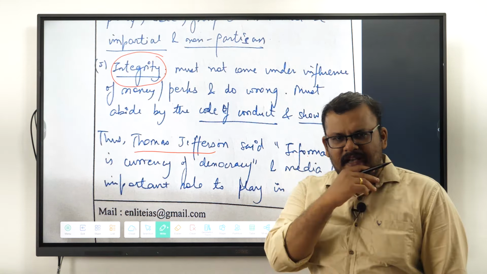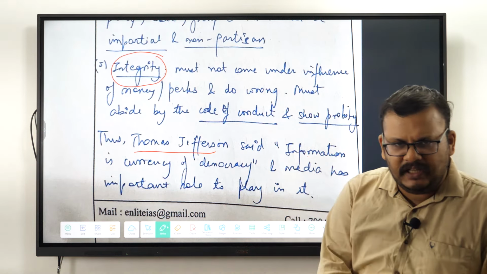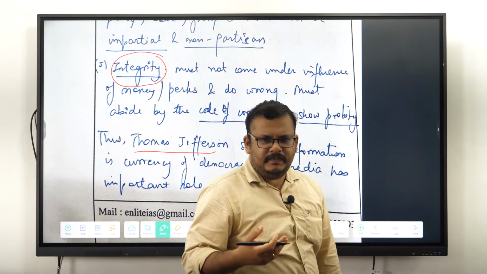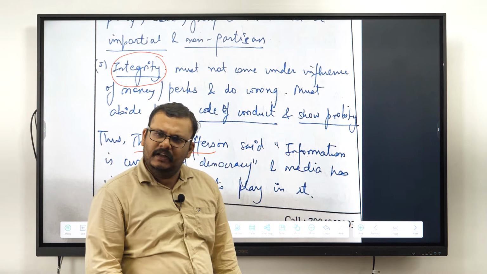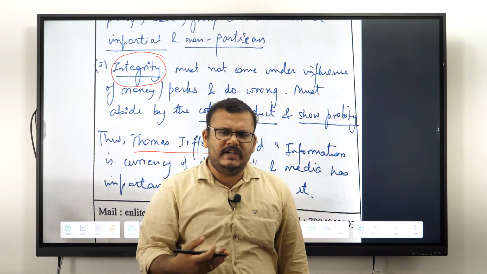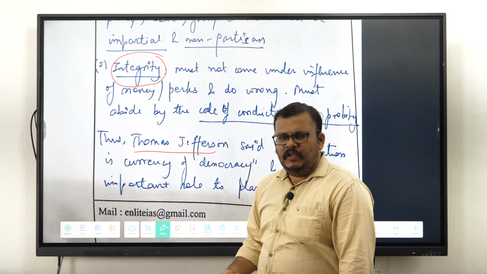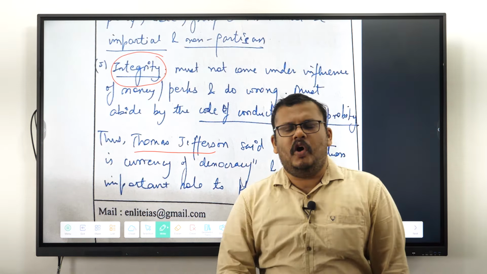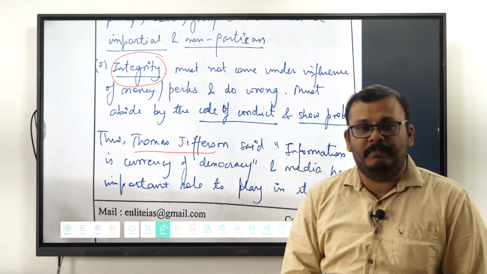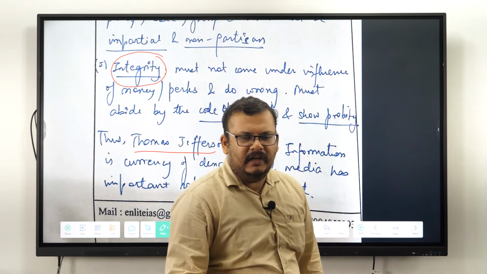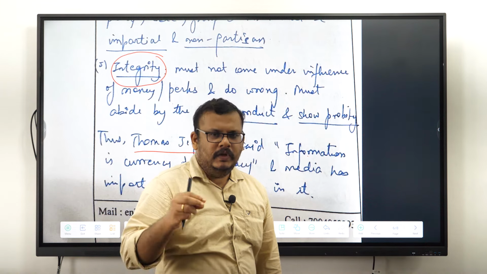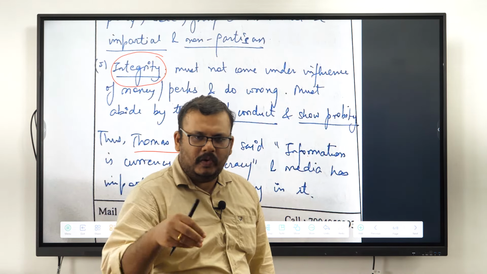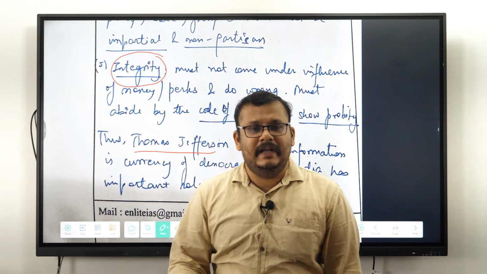Basically he has learned this either for the essay or for GS3 information technology, and has already prepared this quote. So if you are able to learn and memorize short quotations of important personalities or thinkers, you will be able to use them in the conclusion or in the introduction part.